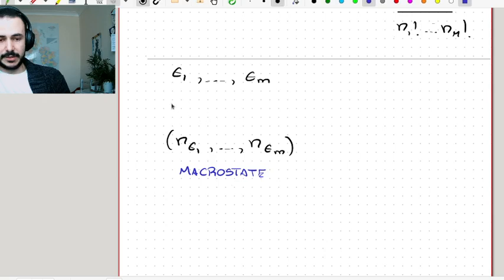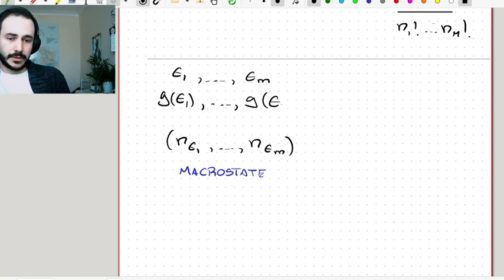Let's give a notation for this. The number of cells with energy E1, we are going to call it G of E1. The number of cells with energy E2 would be G of E2, and the number of cells with the highest energy is G of E little m.